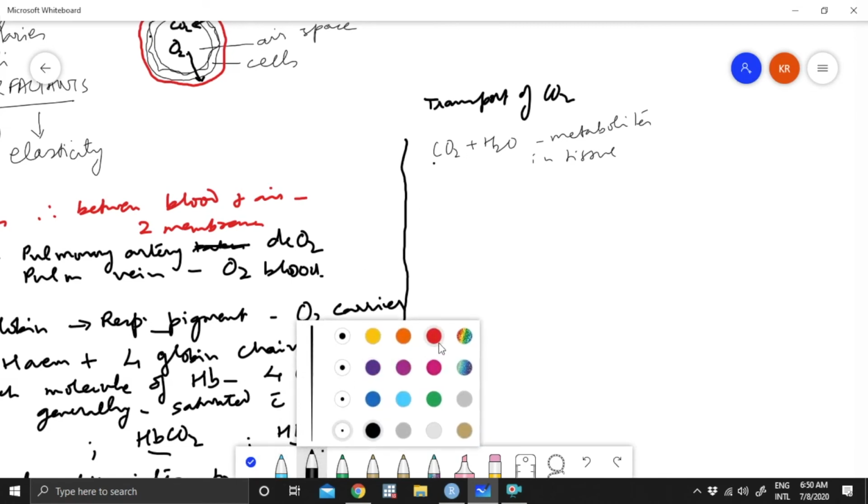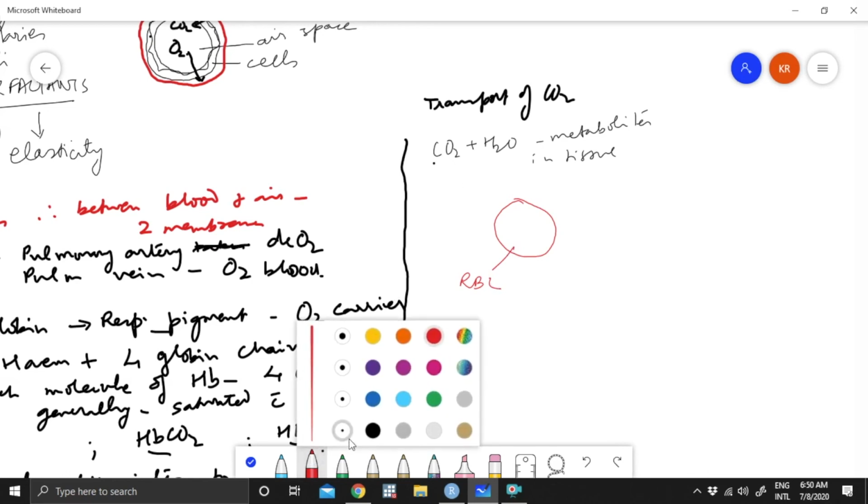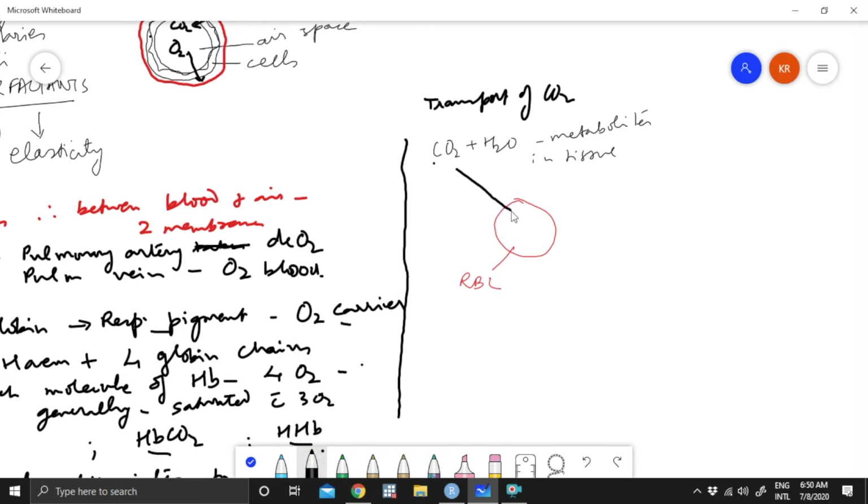So what happens is that they have to enter into the red blood cell. So this is RBC. So CO2 and H2O, they enter inside.